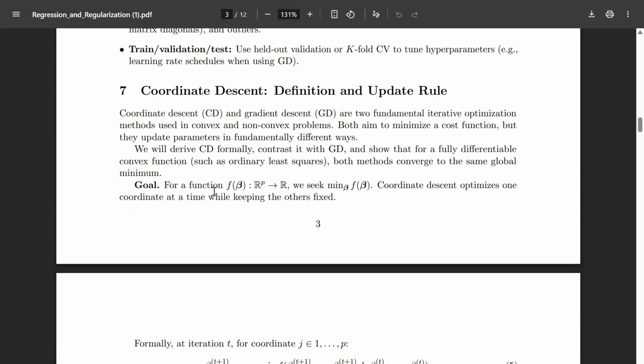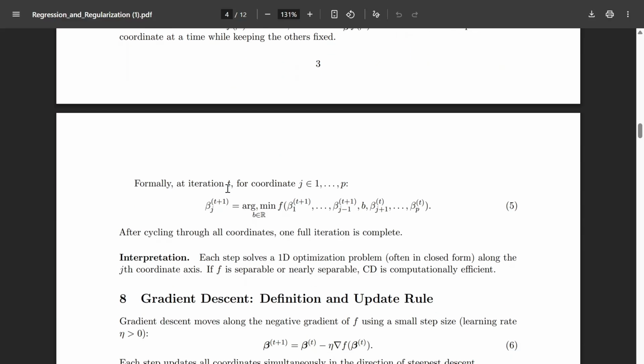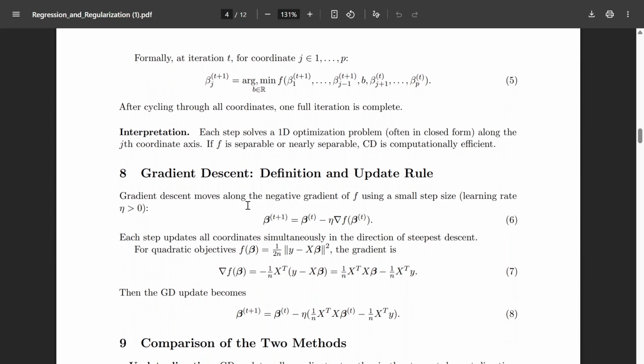So what is the goal? The goal is to minimize the loss over all the parameters. In gradient descent you do a gradient step over all the parameters at the same time. Gradient descent moves along the negative gradient of f using a small step size, which we call the learning rate.